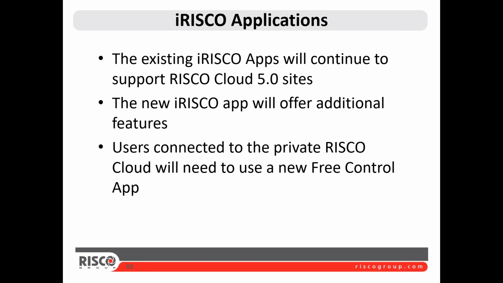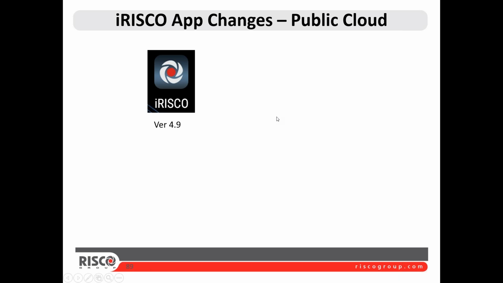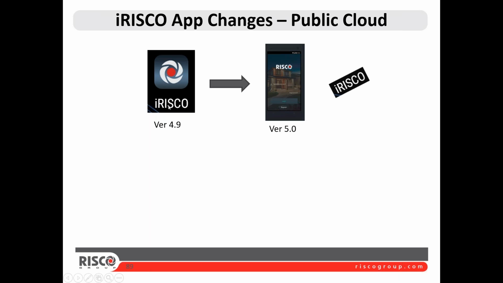Okay, so any of you using Permacom, the customer will be requested to upgrade to a different app, and we'll cover that process in a second. All right, so in terms of the public RISCO Cloud, moving from iRisco app version 4.9, the app will automatically update to version 5, basically.